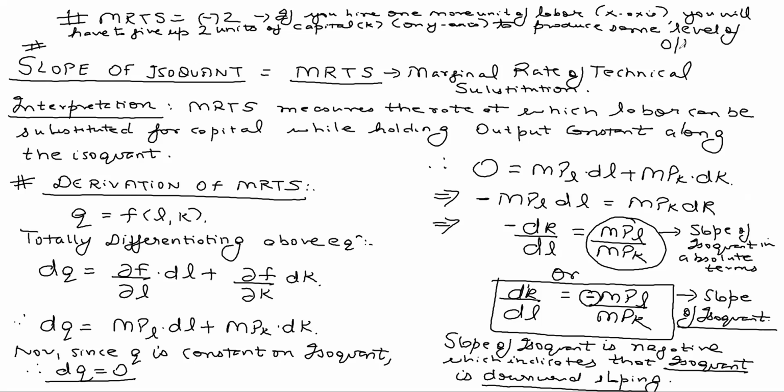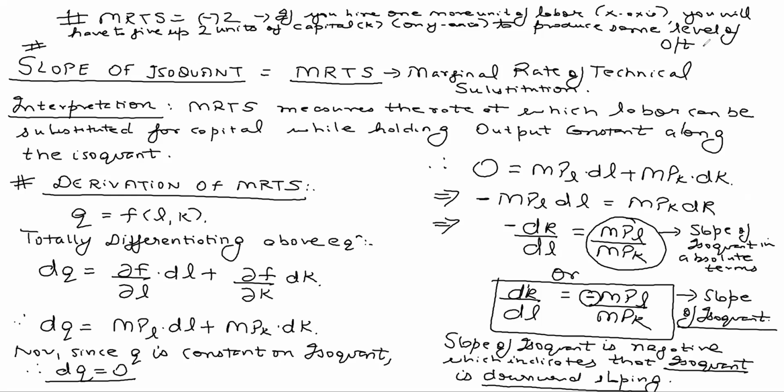Suppose MRTS comes out as -2 hypothetically, then if you hire one more unit of labor, you will have to give up 2 units of capital to produce exactly the same level of output, provided labor is measured on the x-axis and capital on the y-axis.